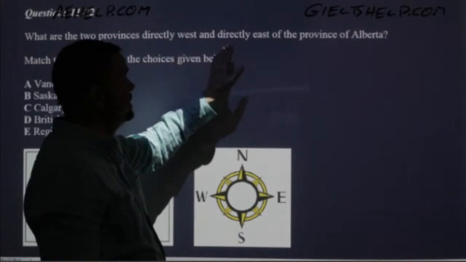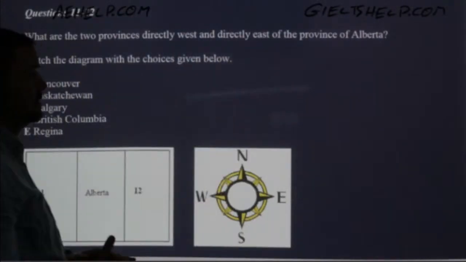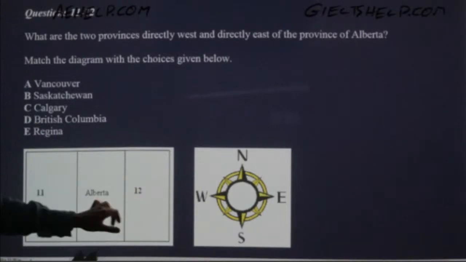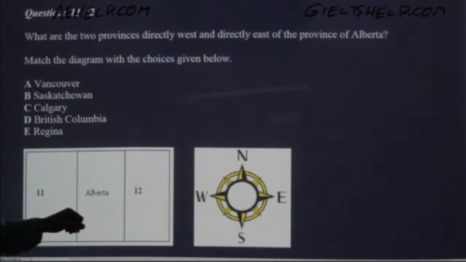Okay, so what are the two provinces directly west and directly east of the province of Alberta. Now, of course, it helps to know the geography of Canada a little bit. Match the diagram with the choices below. So this would be for question 11. This would be for question 12. So question 11 in the west. So west of Alberta, what province do we find west of Alberta?